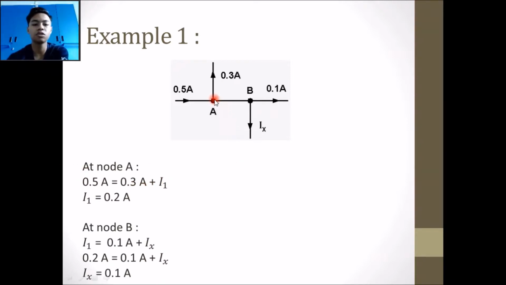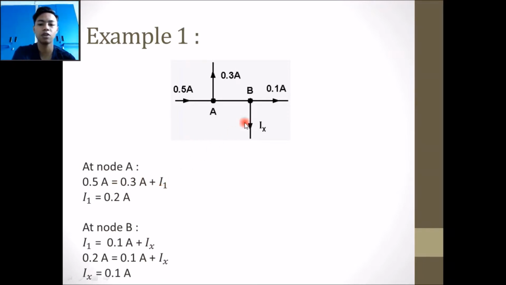Based on the general equation, I in equal to I out. So I in, which is 0.5 ampere, equal to 0.3 ampere and I1. We consider the current exiting from node A is I1. So I1 we can get is 0.2 ampere, by subtracting 0.3 from 0.5.